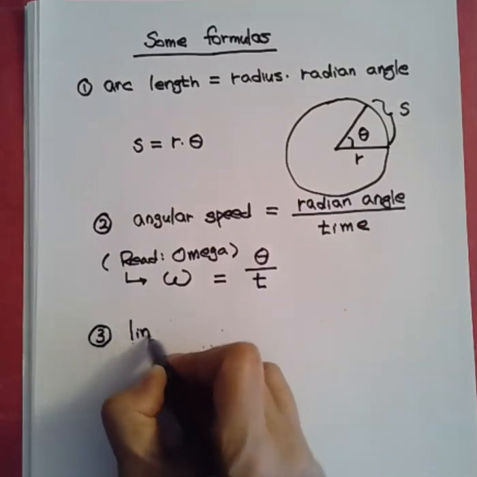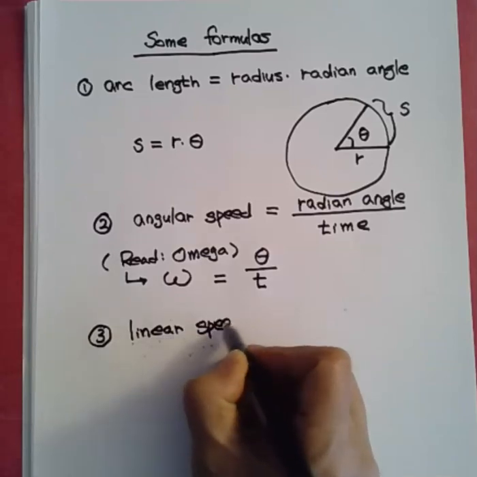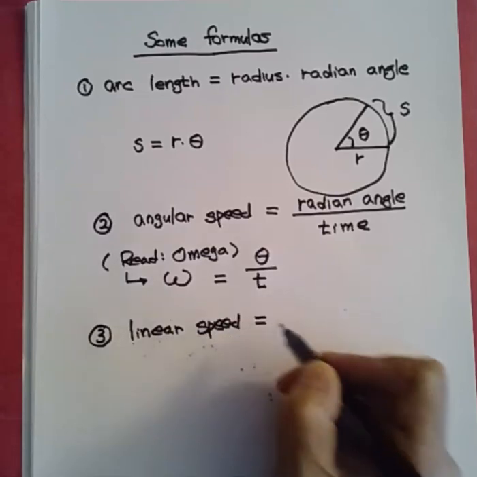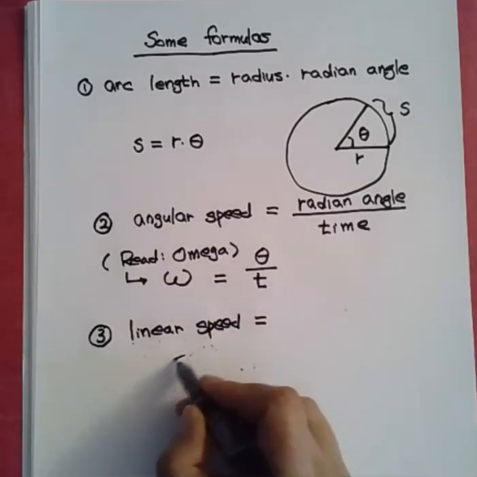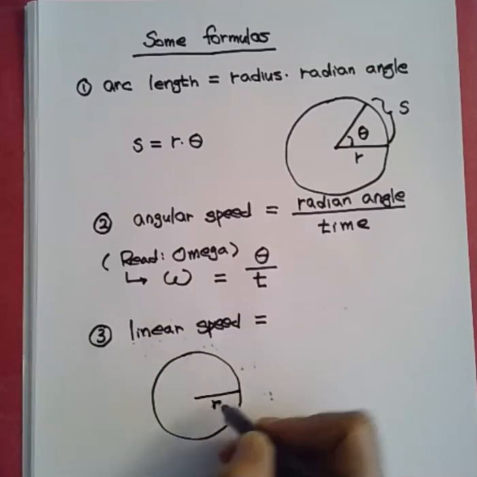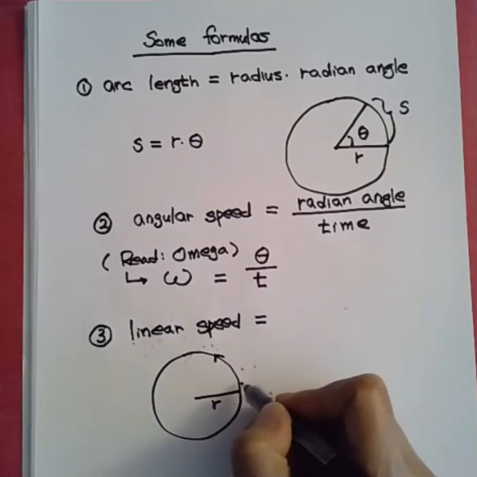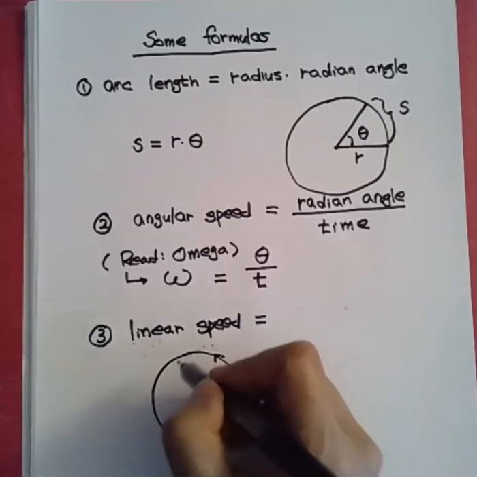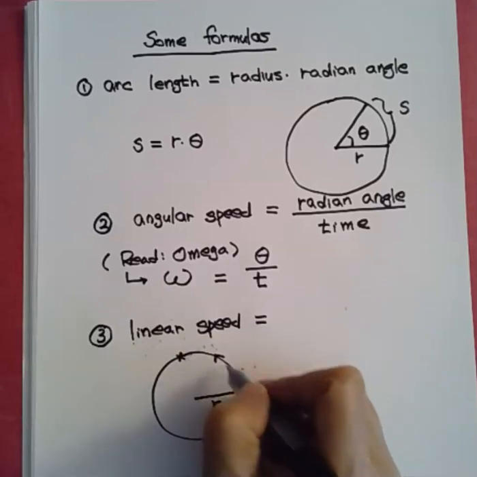Let's think about the linear speed. This time we are thinking about the object which moves around the circle. So when we think about the distance between one point and the other point, we have to calculate the arc length.